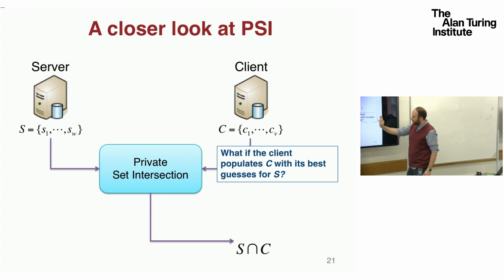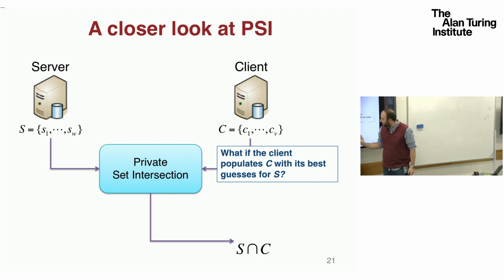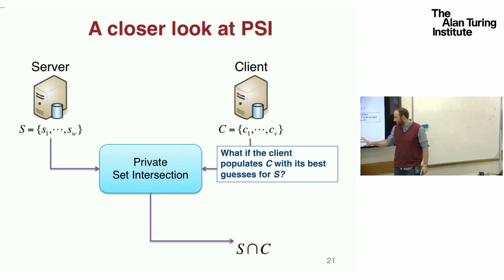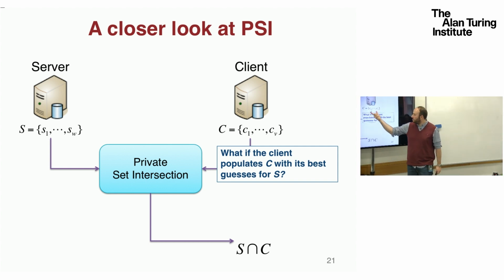The secure computation definition tells me that the client doesn't learn anything about the server's set outside the intersection, but it does not make any guarantees with respect to these multiple interactions, or even a single interaction. What happens if I input the universe set?